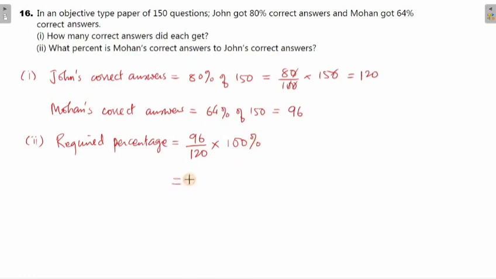Very important question. So the zero gets cancelled. Again do the cancellation. 12 ones are 12, 12 eights are 96, right? So you get 8 into 10, which is 80%. So the required percentage for sub number 2 is 80%. Very important, right? You may pause the video and note down your solution.